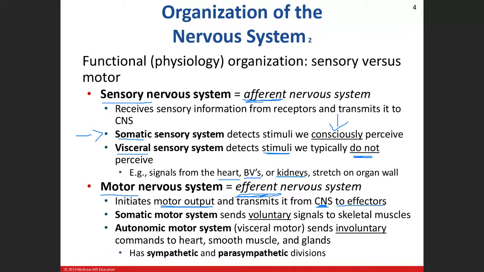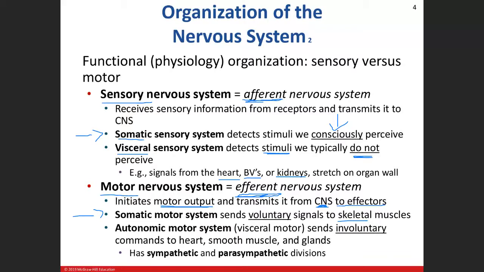When we're dealing with the somatic motor, remember, somatic is something that you can consciously perceive or voluntarily control. The only thing that you can voluntarily control motor-wise is the skeletal muscles. You're doing it right now as you're writing, as you're cracking your knuckles, if you cross your legs, whatever. That is the skeletal muscle, and that's part of the somatic motor system.